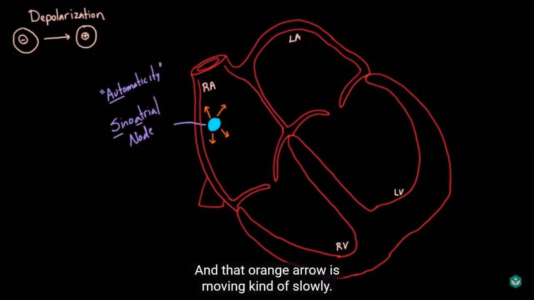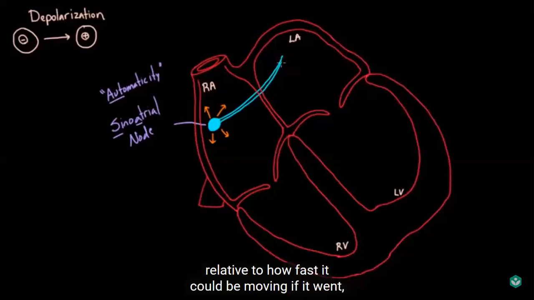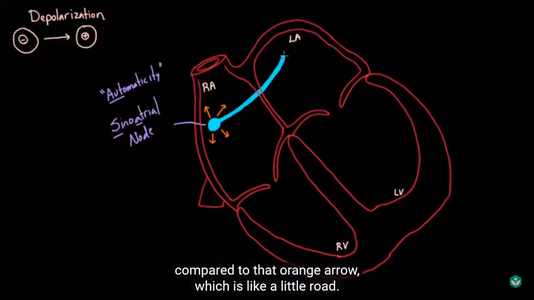And that orange arrow is moving kind of slowly, right? That depolarization wave is moving slowly relative to how fast it could be moving if it went through a specialized band of tissue. So this band of tissue that I'm drawing, this blue band, is almost like a highway compared to that orange arrow, which is like a little road.